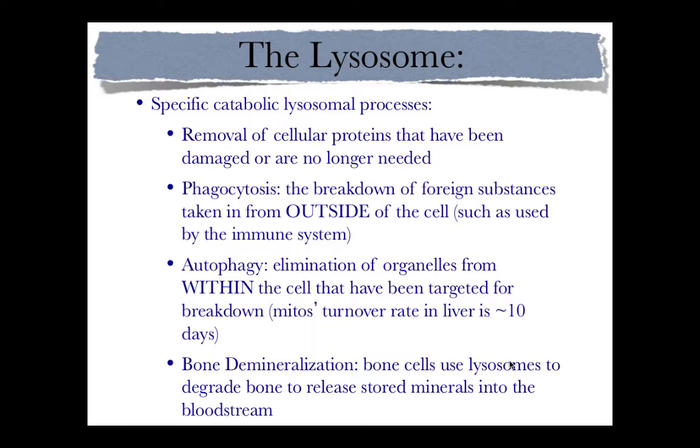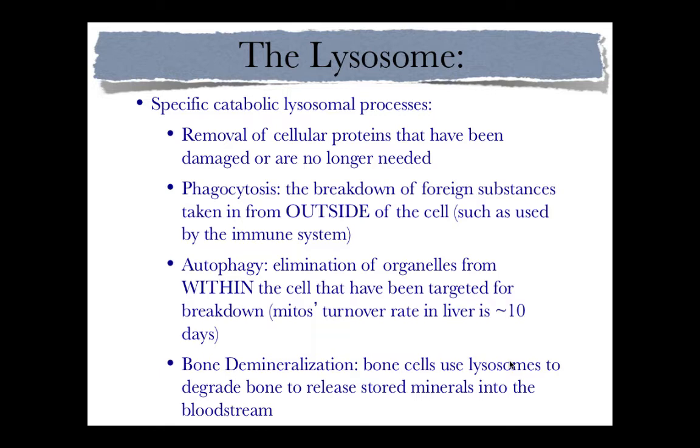Autophagy. This is an elimination of organelles from within the cell that have been targeted for breakdown. For example, mitochondria turnover rate in liver cells is about 10 days. Mitochondria is made, functions for 10 days, degraded. And one of the reasons that's important is all those electrons flying around in that ETC don't always end up where they're supposed to.